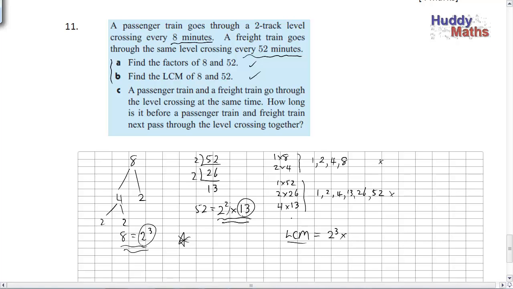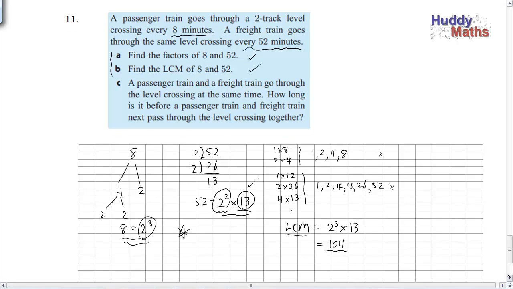Now that would be enough to cover the 2 squared factor of 52, so that 52 could divide into the number that we're talking about, but we need a 13 as well. Okay, so our lowest common multiple is 8 times 13, which is 104. You might have to do it on a calculator. Okay, so we'll mark that in a minute.